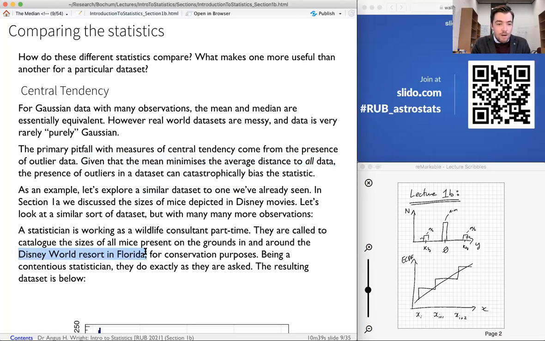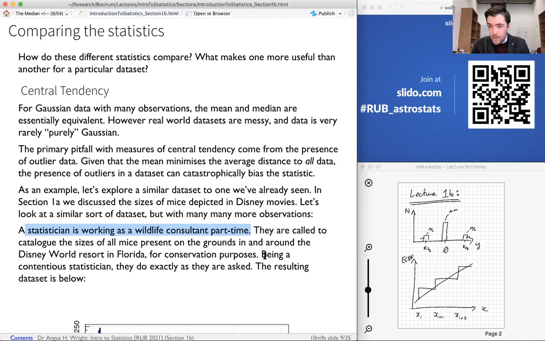Now, our mock survey was conducted by a statistician who was working part-time as a wildlife consultant. Very important to know this sort of information. Their goal in this wildlife conservation job is to catalog the heights of all mice that sit in the area within and around the Disney World Resort in Florida.